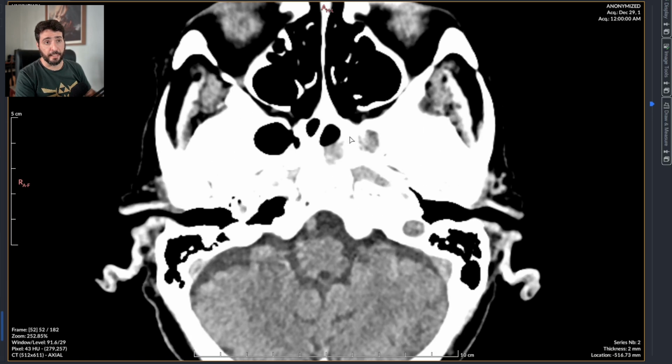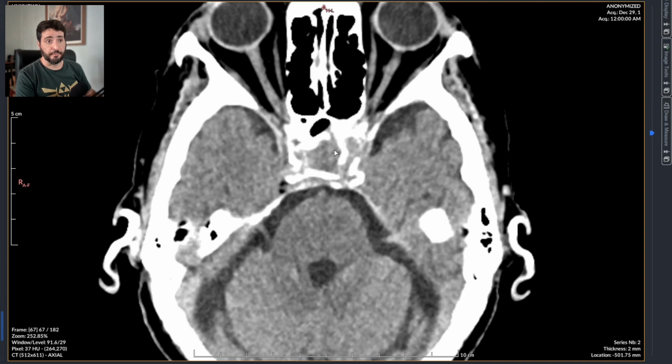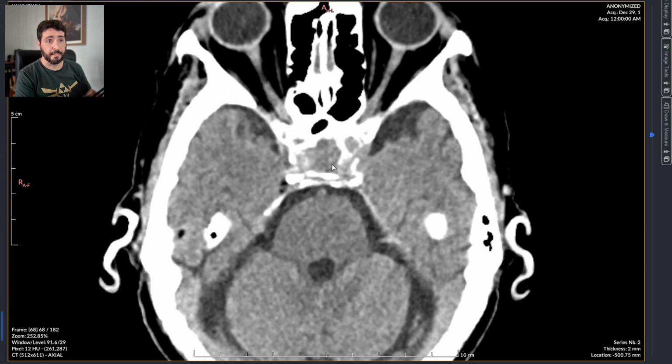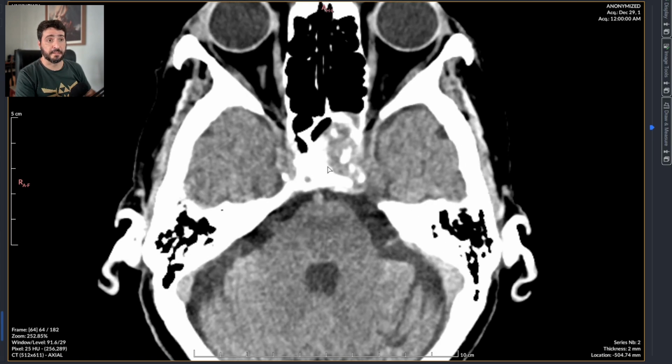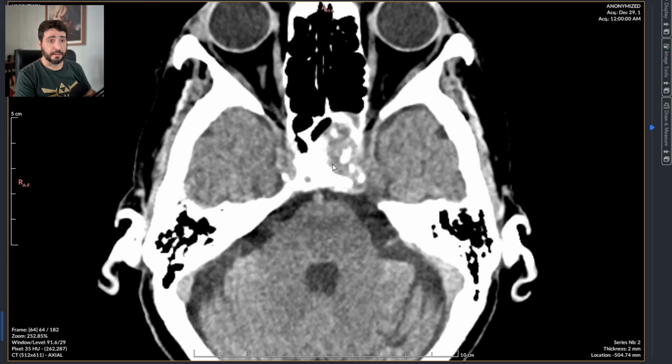It's occupying the left sphenoid sinus, and it's eroding the floor of the sella and taking the approximate site of the hypophysis gland. This is more than enough to justify the symptoms the patient is complaining about.